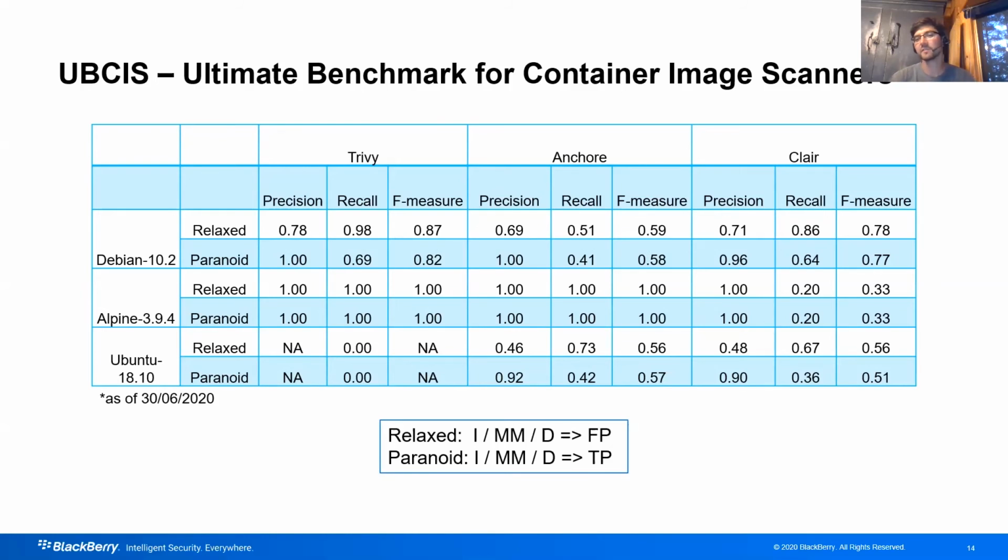Or if the customer is paranoid, like, I don't know, the Department of Defense, where they can throw bodies of security analysts into sifting through potential false positives, then they will treat all the inconclusive vulnerabilities as true positives. And as you can see, the performance of the scanners is different depending on the mode.